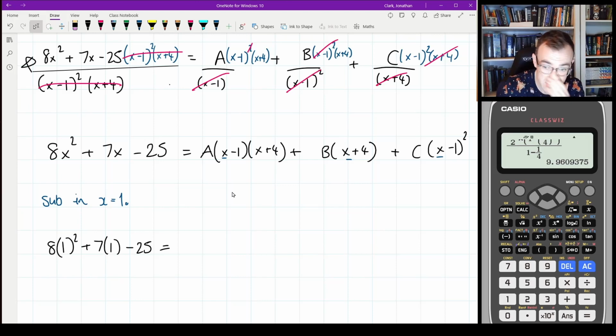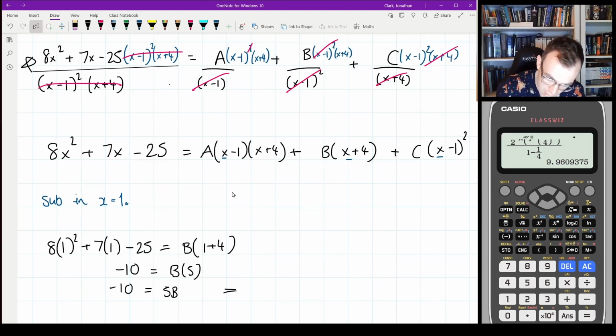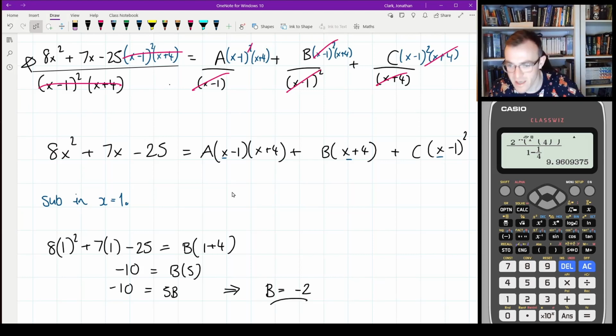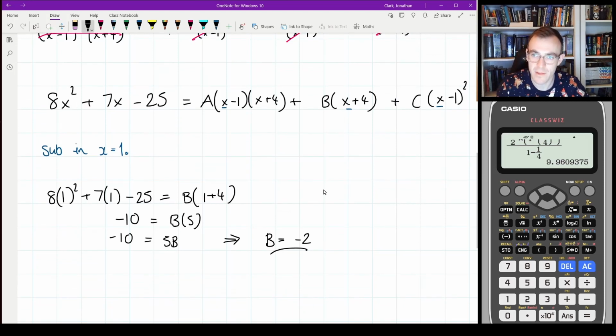So A and C term cancel. 8 plus 7 take away 25 is 15, take away 25 is minus 10. So B is minus 10 over 5, which is minus 2.